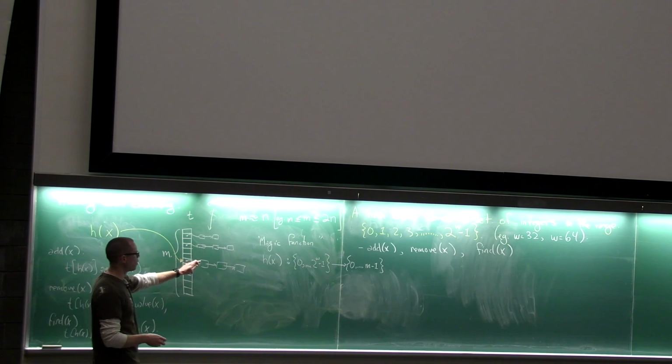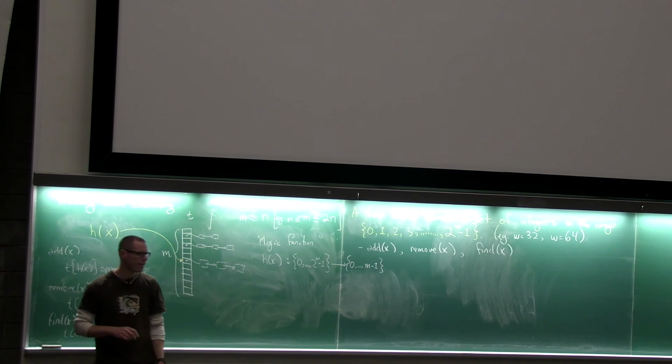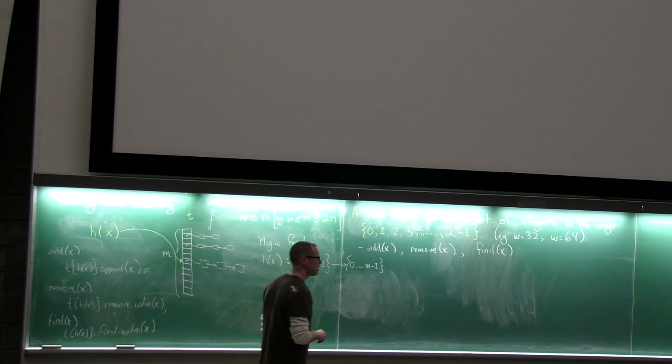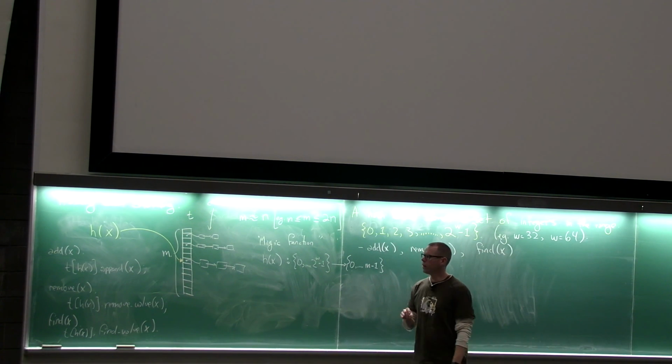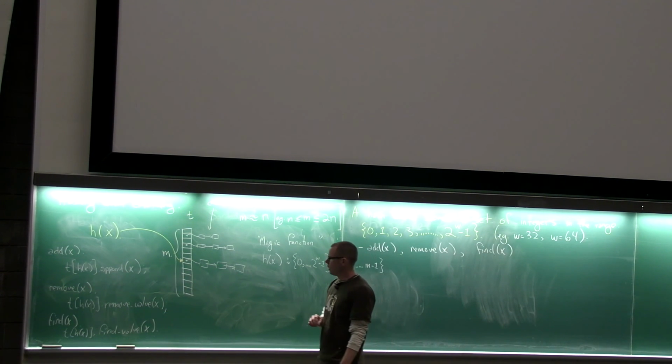Finding the value of x just goes through this list, looking for a node that contains the value of x, and if it finds it, it returns. If it gets to the end and doesn't find it, then it returns false or element not found or whatever you want to do. Okay.